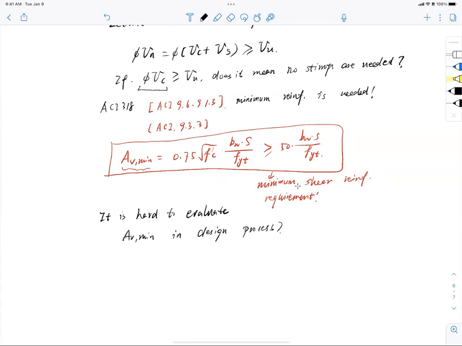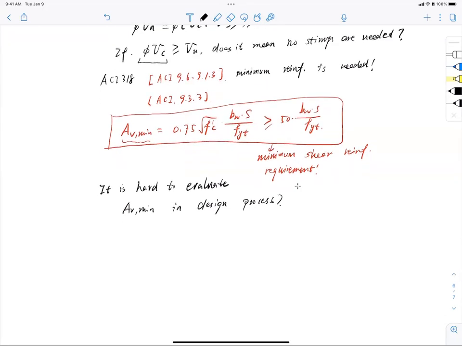It's just an equation, right? You're just plugging in. Say you have a number 3 stirrup, for example, with two legs and each leg 0.11, so Av is 0.22 inches squared. I have a spacing, say 6 inches. So you just do the calculation and find out whether Av,min satisfies this requirement or not.